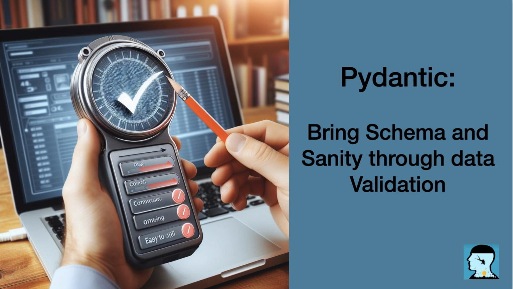Pydantic can also be integrated with database libraries like SQLAlchemy and Tortoise ORM. By defining Pydantic models that mirror the database schema, developers can perform automatic data validation when interacting with the database. This integration helps maintain data integrity and reduces the chances of errors caused by incorrect data.